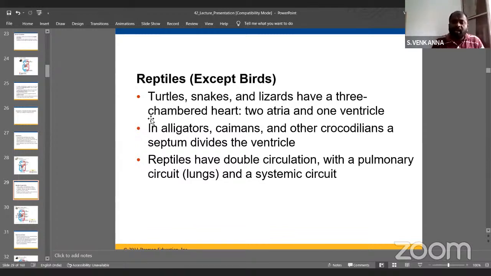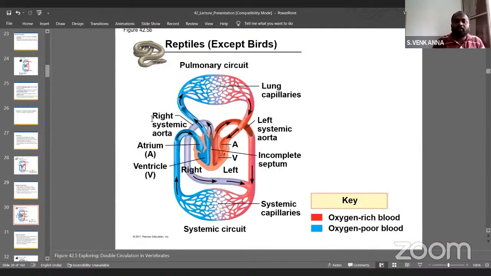The reptiles have double circulation with a pulmonary circuit to the lungs and a systemic circuit. So this is the circulation of the pulmonary circuit. The oxygen-poor blood goes in and reaches the lung capillaries here to become oxygen-rich.